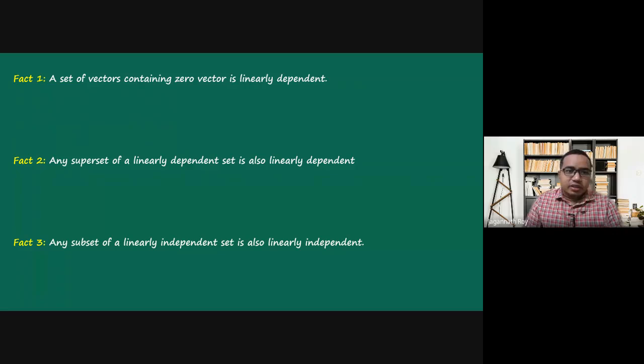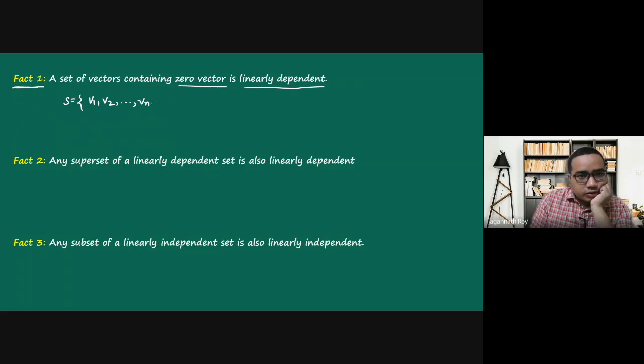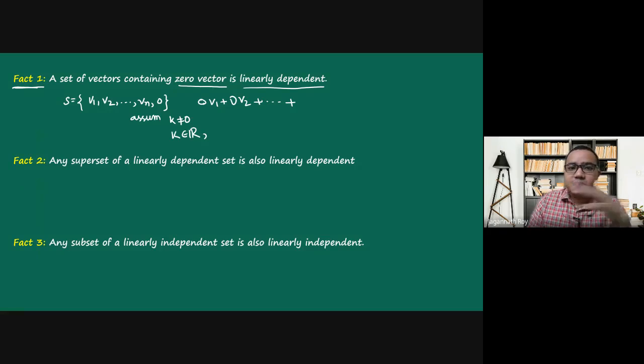Regarding linear dependence and independence, one fact is there. Fact one says that a set of vectors containing the zero vector is linearly dependent. Suppose S is the set v1, v2, ..., vn, and the zero vector is also in there. Then take the linear combination 0 v1 plus 0 v2 plus ... plus 0 vn plus k times the zero vector, where k is some nonzero real number, one scalar you are taking.